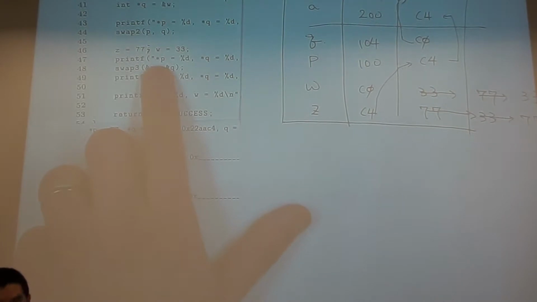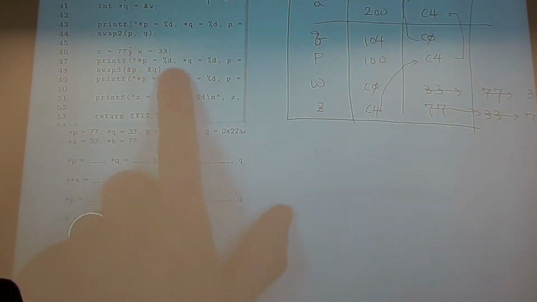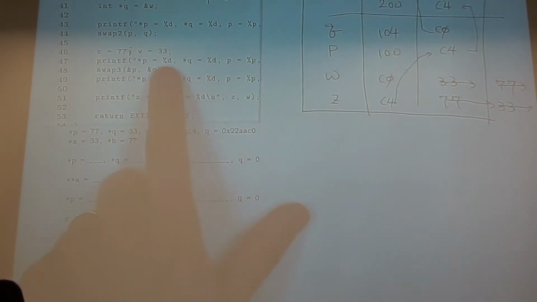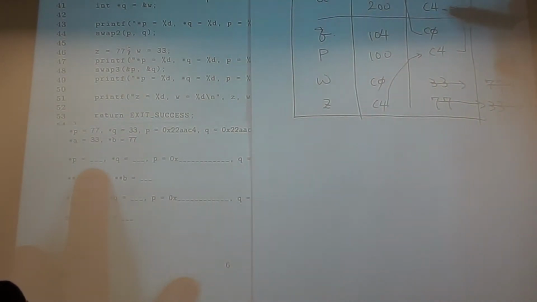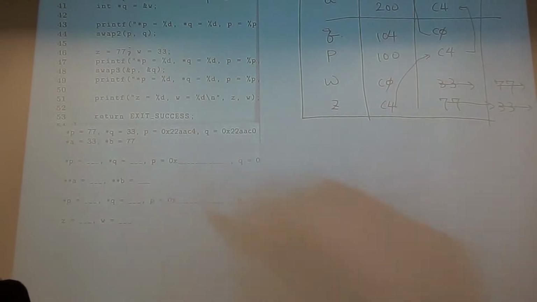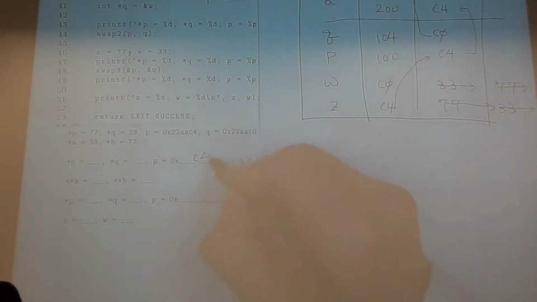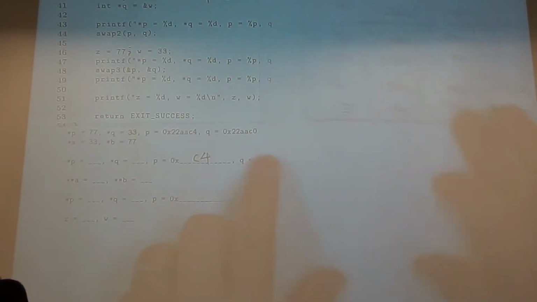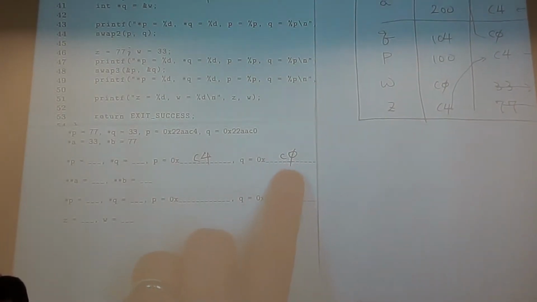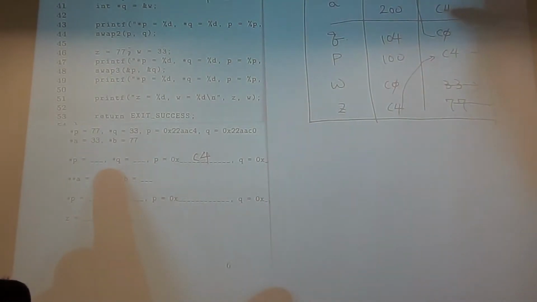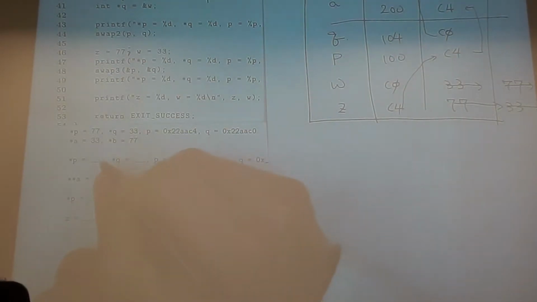Then you print. You print star P. Star P, P is still C4. Right, so here I can still write C4. I haven't changed P yet. And Q is still C0, right? And star P, C4, it goes to C4, so this is 77, this is 33.